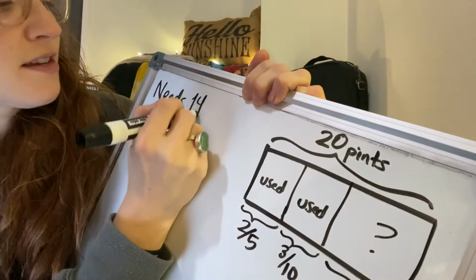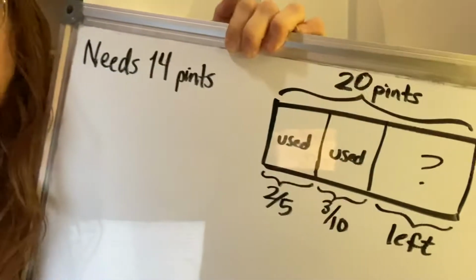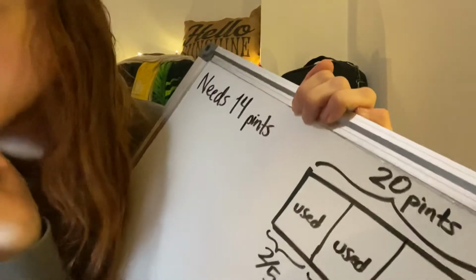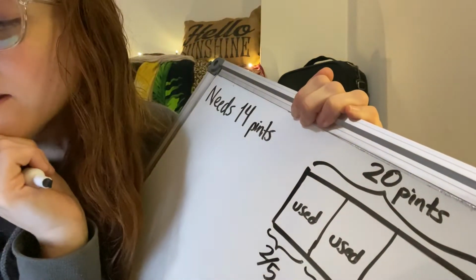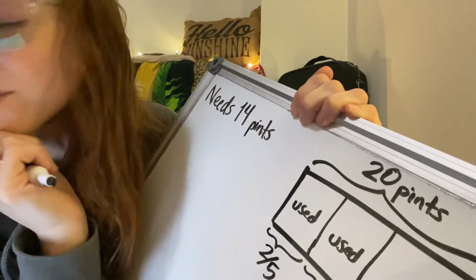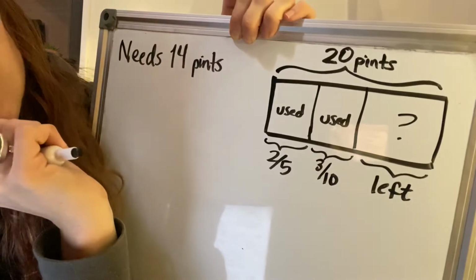She needs 14 pints. That's ultimately what she needs. And so we have to figure out how much paint she will still need in order to get 14 pints. So what do we need to do to figure that out?